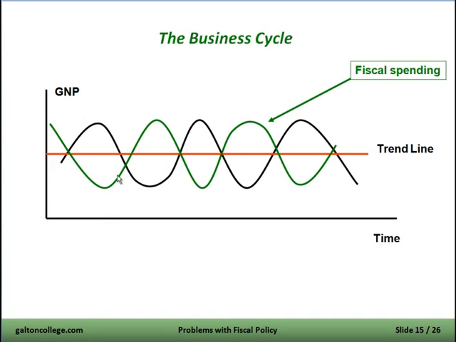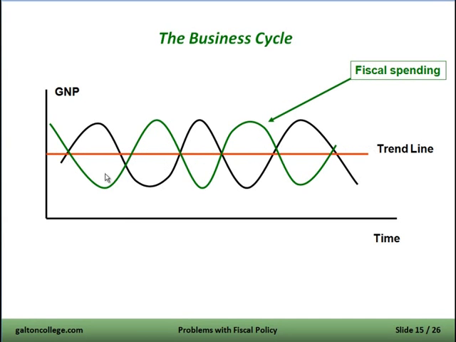So here it's into a recession, and as it is, the government's pumping money in. As the economy is coming out, the effects of withdrawing fiscal stimulus set in, and so if you look at it, it's more or less joining up all of the points, and we have a trend line.